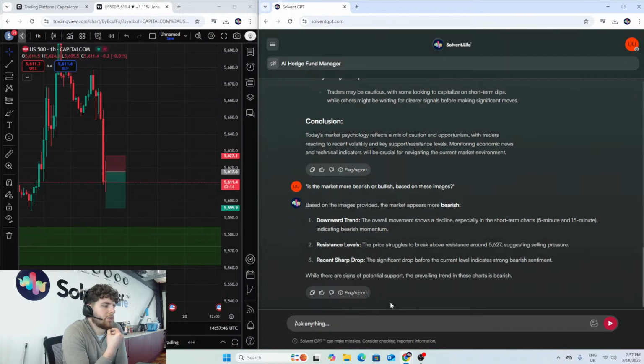So more bearish, the downward trend is showing quite a decline. Fantastic. So exactly what we need. As we can see, US 500 looking like it's dropping again.